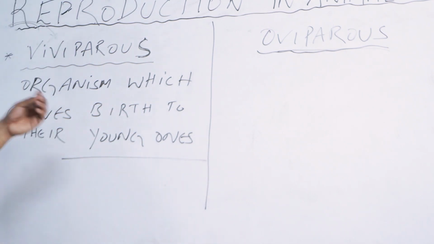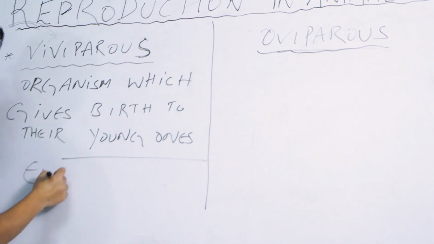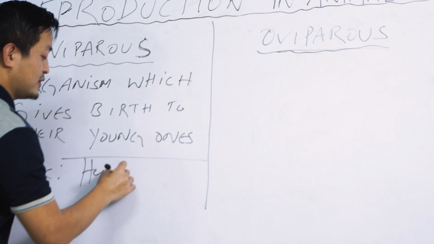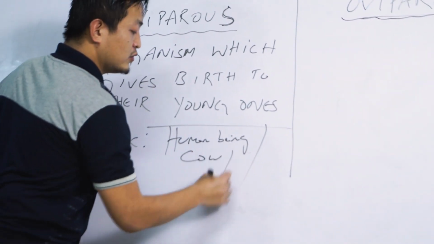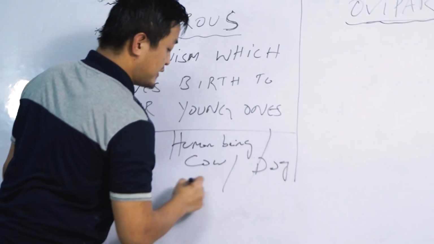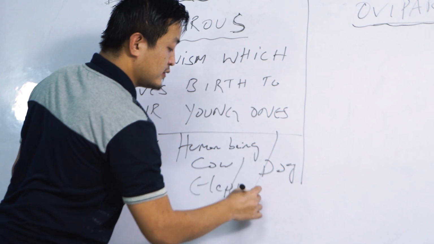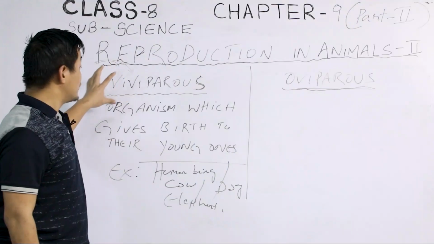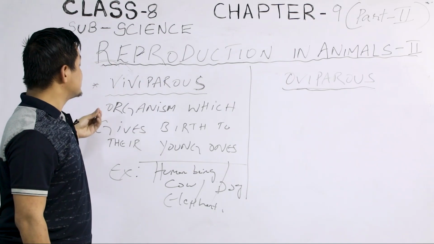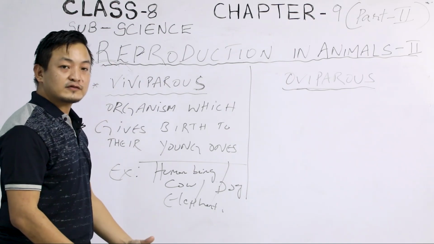Clear? So, example we can give even human beings, right? Human being, or we can give cow, dog, elephant. We all fall under this viviparous because these organisms give birth to their young ones, okay?